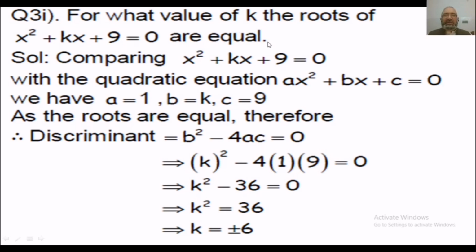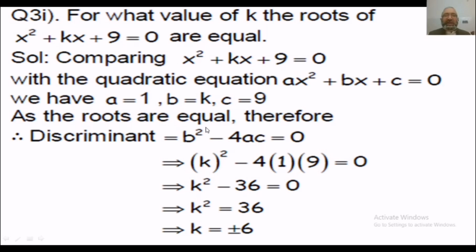The roots of any quadratic equation will be equal if its discriminant is equal to 0. So using that property, comparing this quadratic equation with the standard form ax square plus bx plus c equal to 0, we have a is equal to 1, b is equal to k and c is equal to 9.